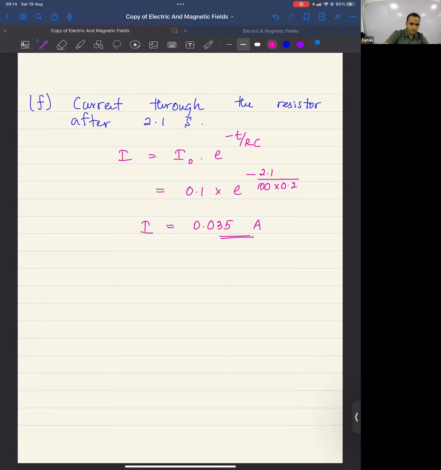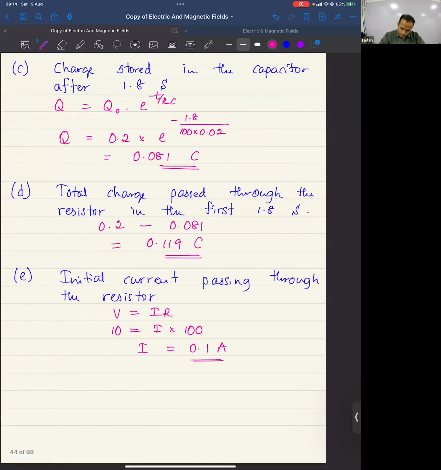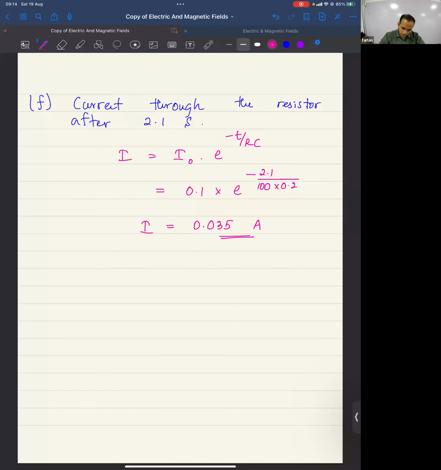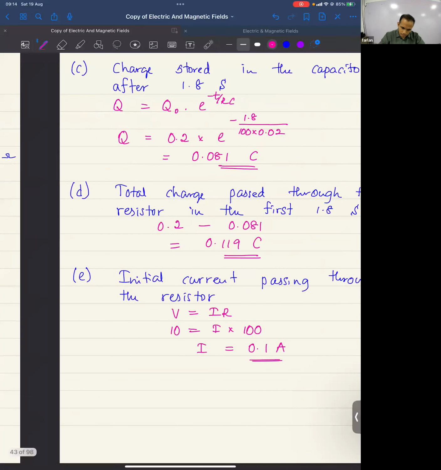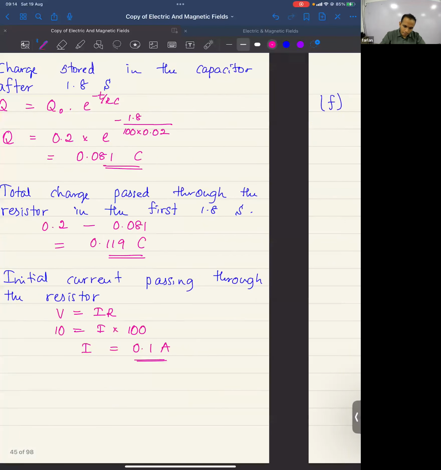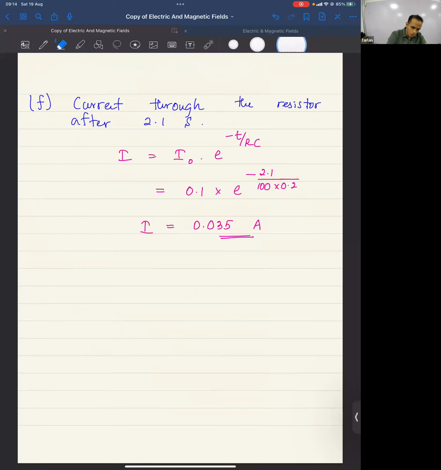Have you got these answers? Current is 0.1, e to the power minus t is 2.1 over R is 100, capacitance is 0.02.